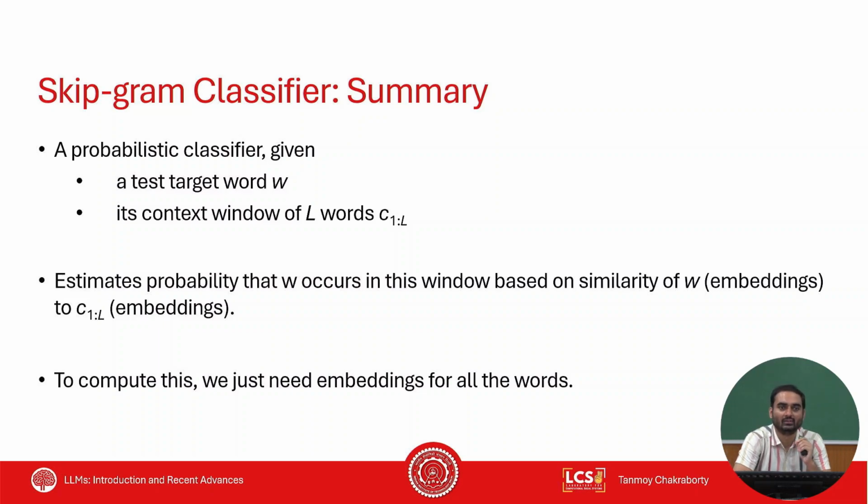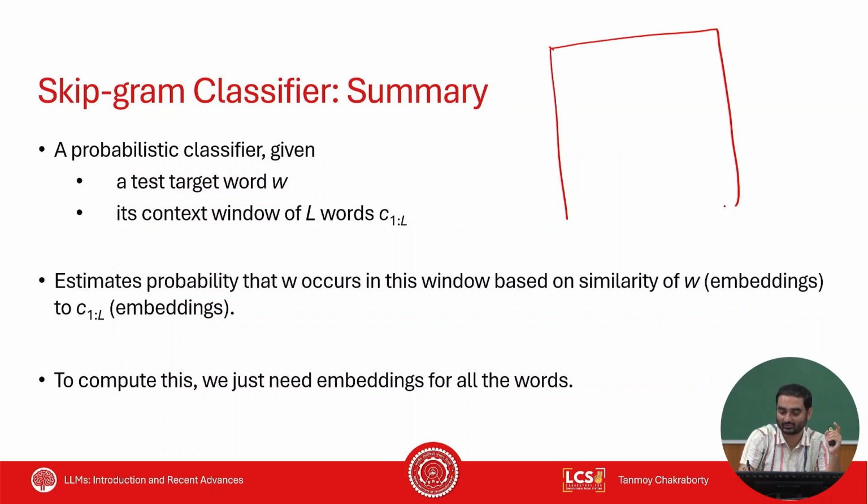Now here's the question. For every word, how many vectors are we computing? Two vectors, C and W, or C and T: one for when the word acts as a central word, and one for when it acts as a context word. Think of the embedding as a bulky matrix, and assume there are V vocabulary entries in the document.